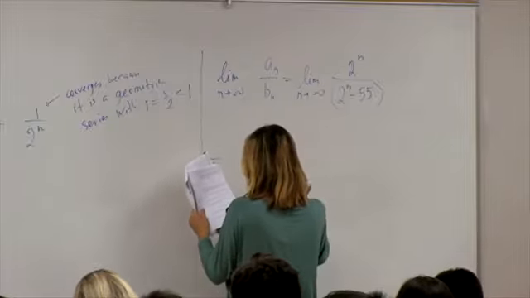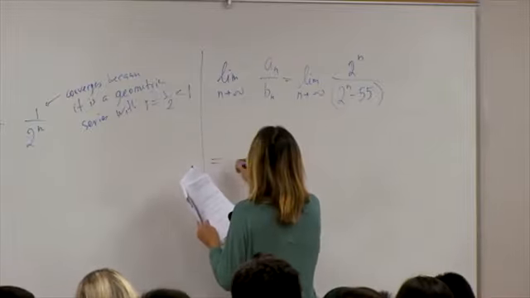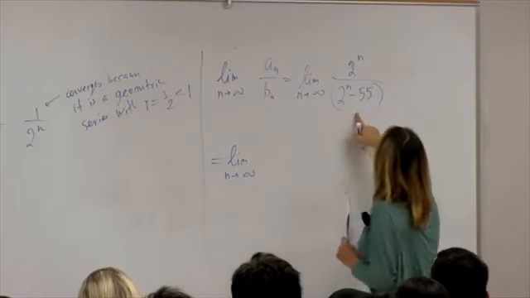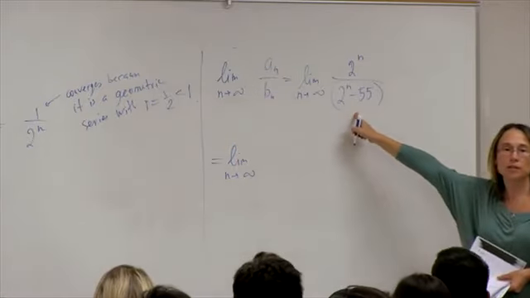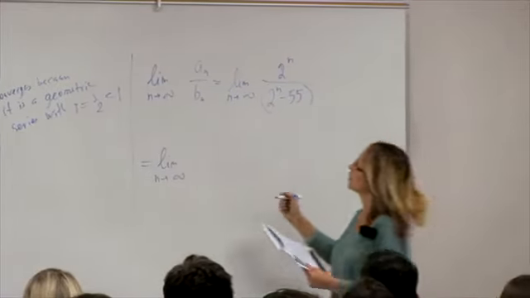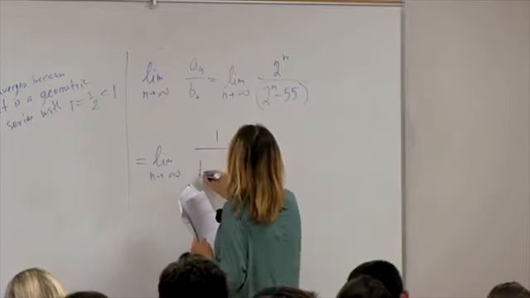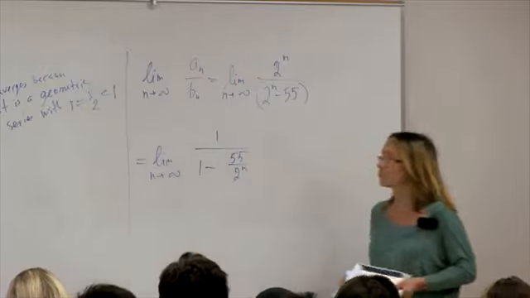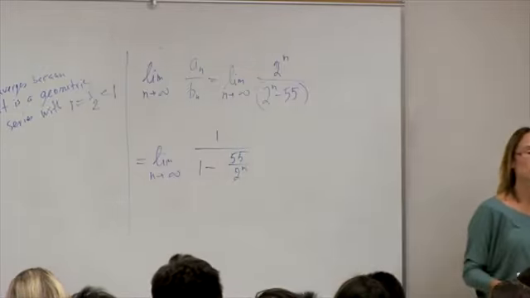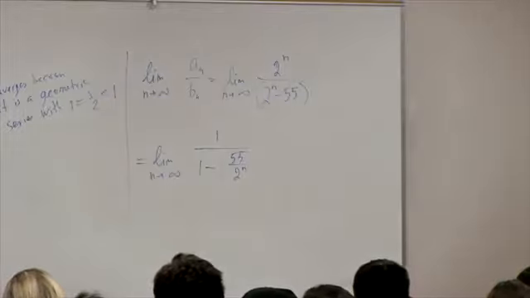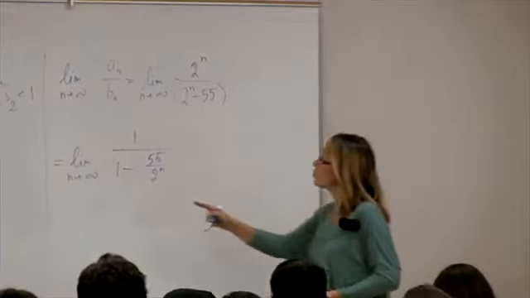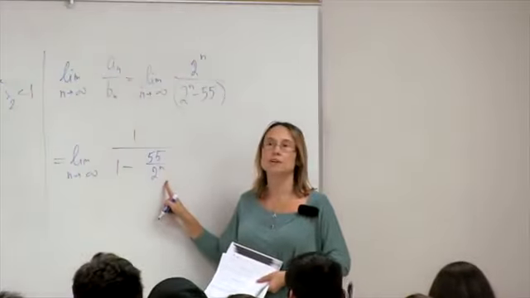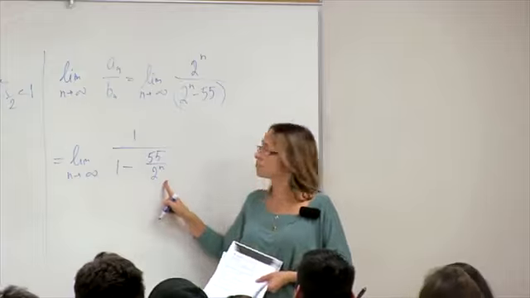So what are we going to do? How do we evaluate something like this? We're going to divide numerator and denominator by 2 to the n, right? So we have 1 minus 55 over 2 to the n, right? This is the way to evaluate this limit. And as n goes to infinity, 2 to the n becomes very large. 55 divided by this number vanishes, okay?